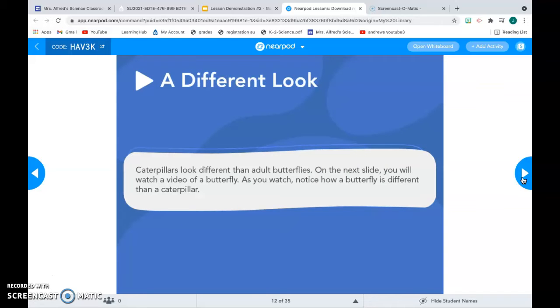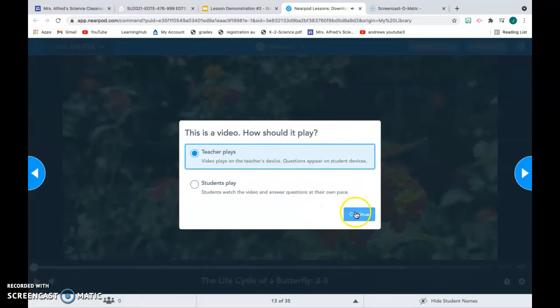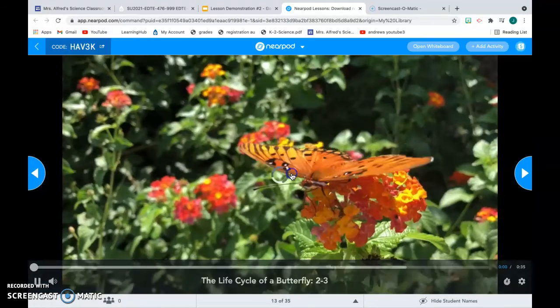A different look. Caterpillars look different than adult butterflies. On the next slide, you will watch a video of a butterfly. As you watch, notice how a butterfly is different than a caterpillar. So we're not going to actually watch. Well, I'll play it. Let me show you just a little.